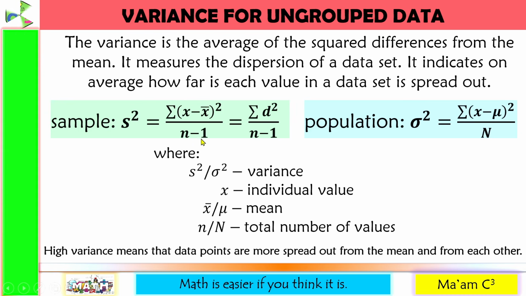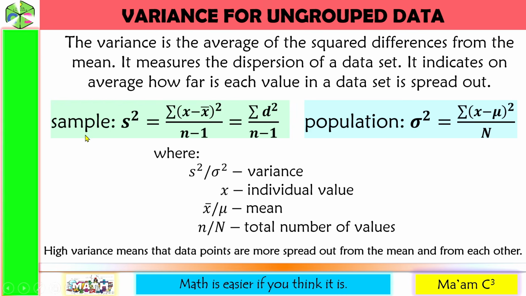N minus 1 here means a smaller denominator, and it will yield a higher variance compared to just dividing by n. This accounts for the higher potential variability because we are just dealing with samples.